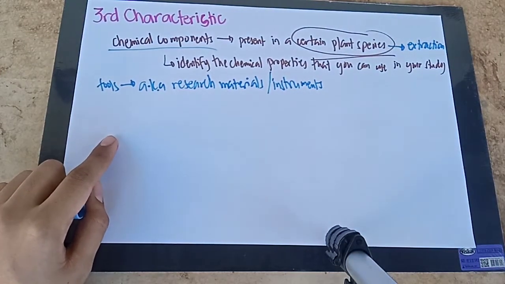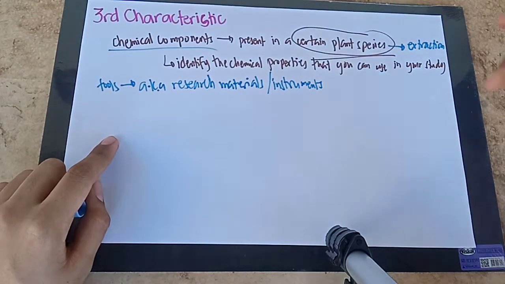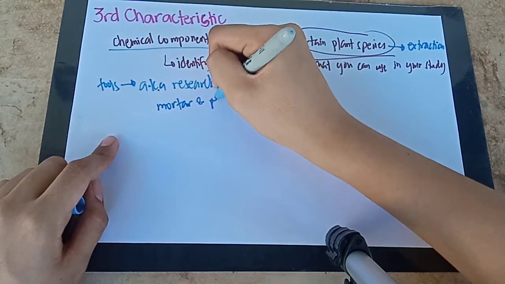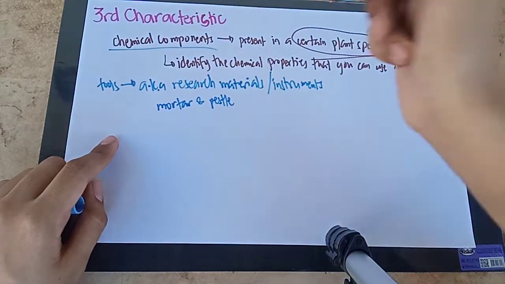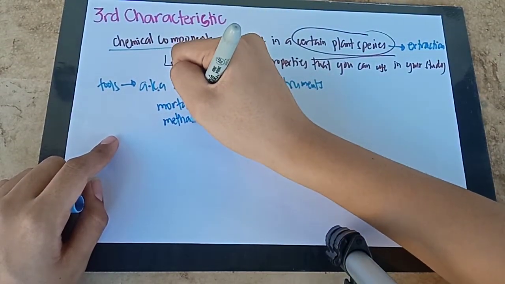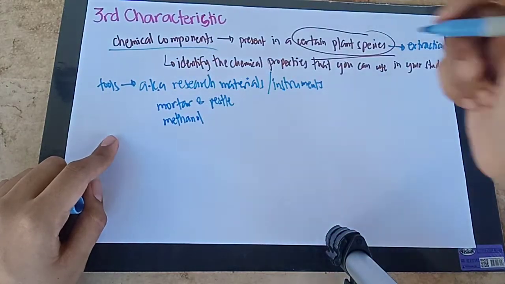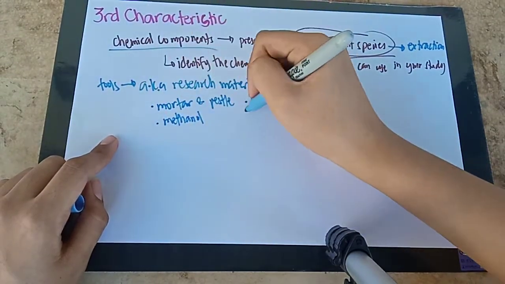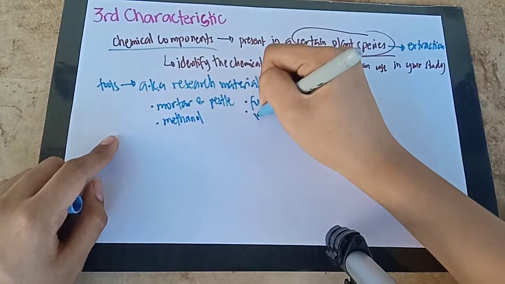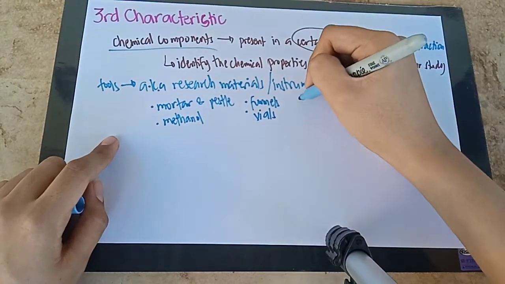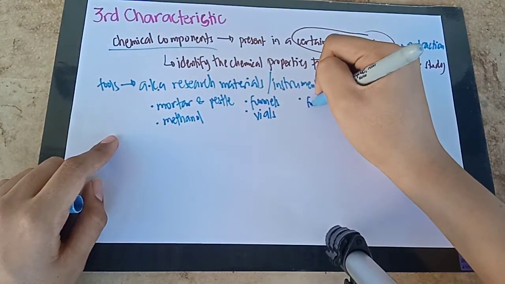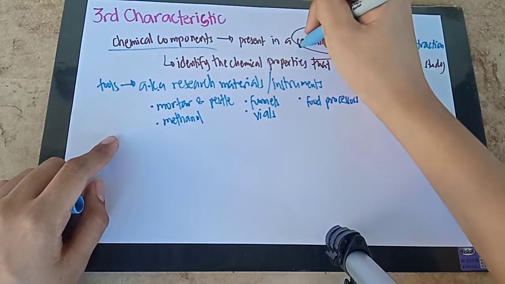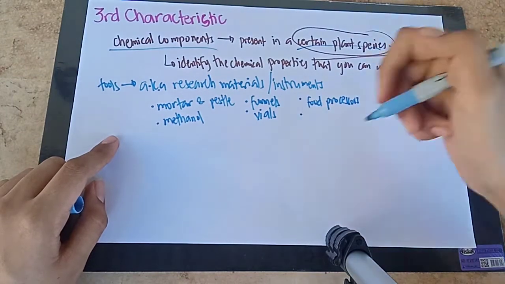These research materials can be the following: a mortar and pestle, methanol if you are going to do methanol extraction, funnels, vials or test tubes, food processors or scissors in order to cut the plant species, and filter papers.